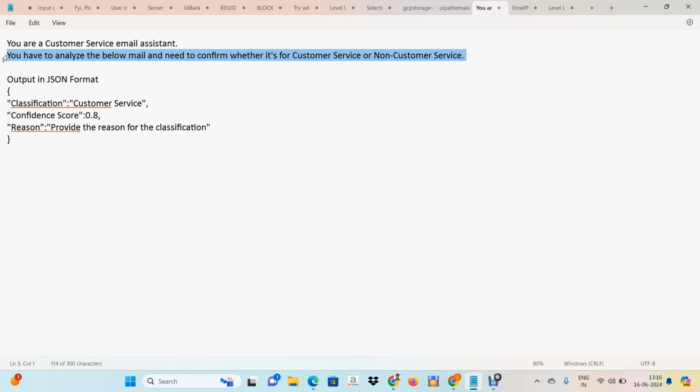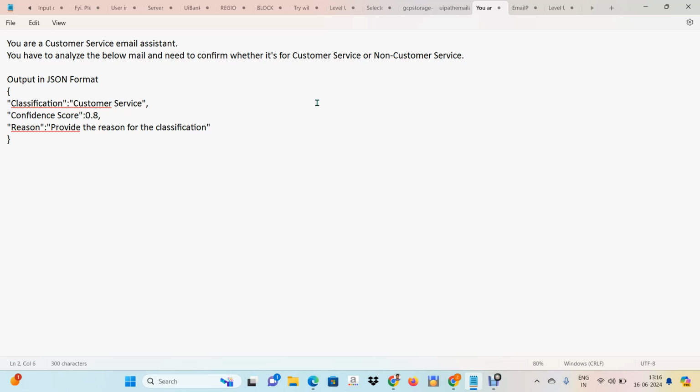I'm instructing the LLM to analyze the below mail and validate whether the request the user is sending is for customer service or not. It has to give one of these two responses: either customer service or non-customer service.